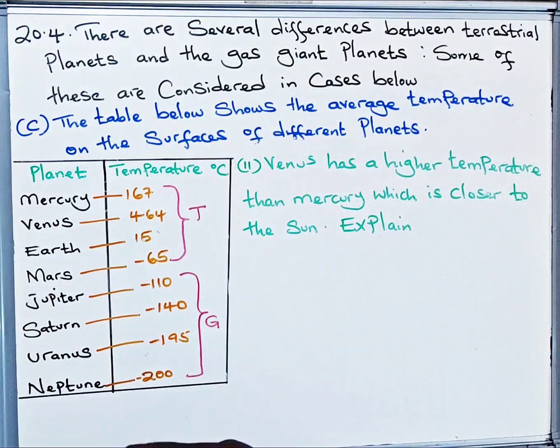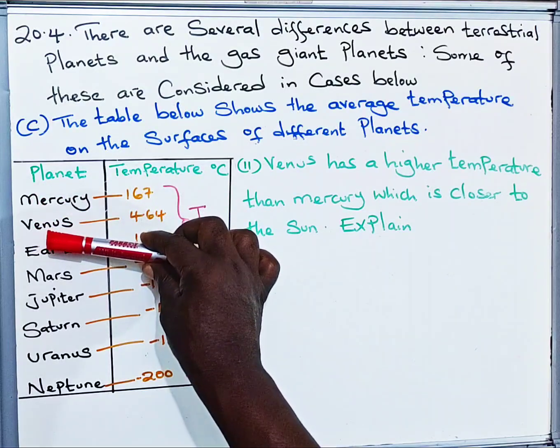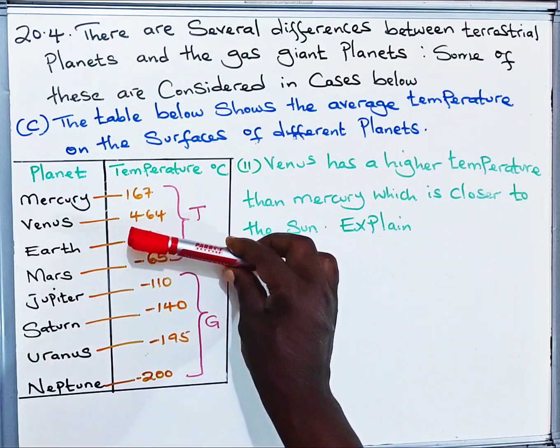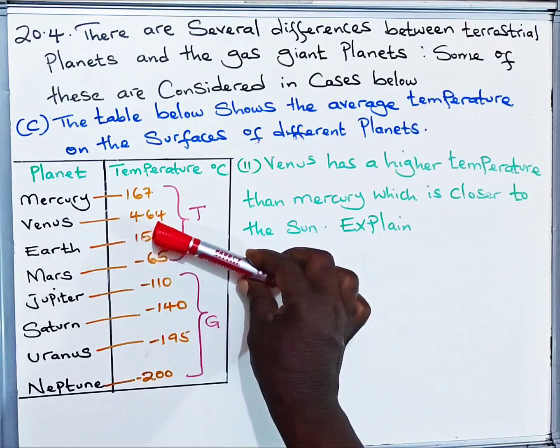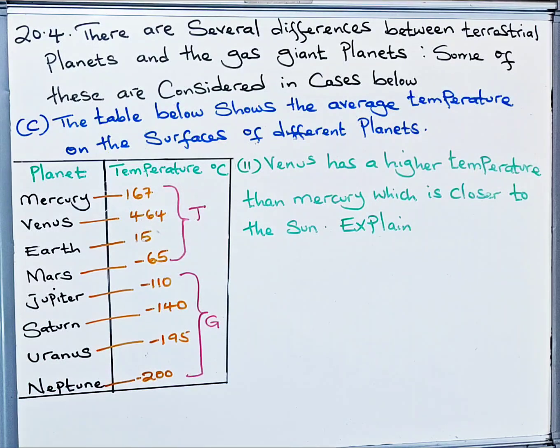So ordinarily we would expect the temperature of Mercury to be higher than that of Venus. But that's not the case. We are seeing Venus having a higher temperature than Mercury. Why? What's the cause of that?